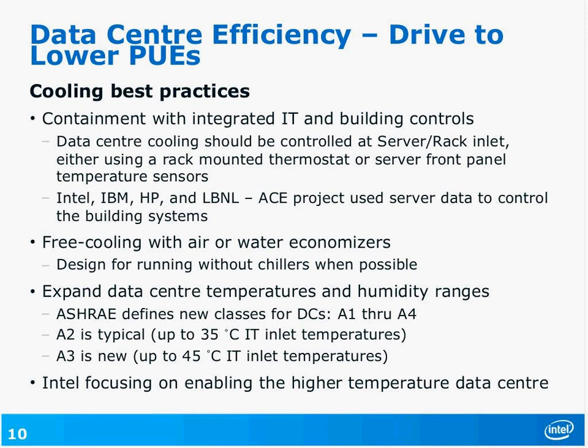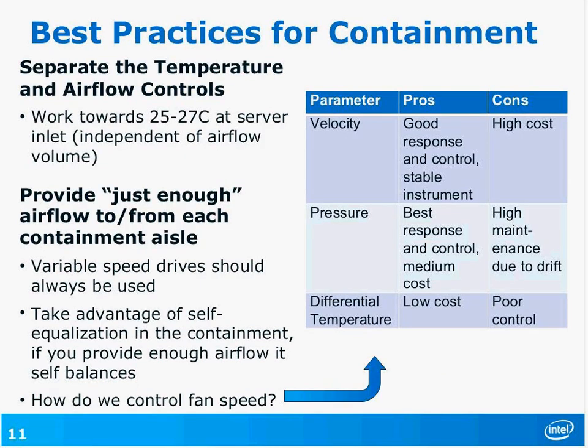The last thing here, which we touched on a little on the cooling slide, is that containment is really important in managing airflow. So again, keeping hot air and cold air separate. There are various techniques for this. The most common is hot aisle, cold aisle, some kind of barrier between the two so that they don't mingle.